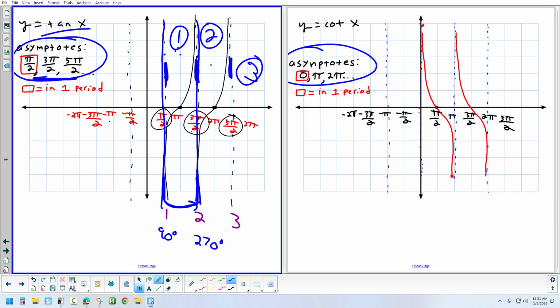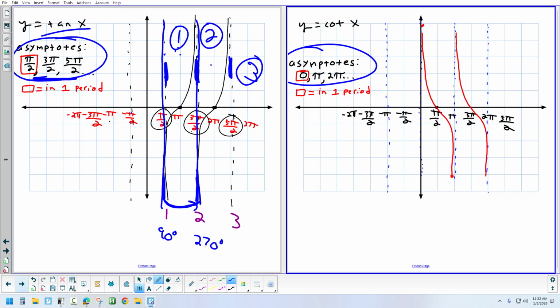So that is a difference with tangent and cotangent. To travel one full cycle, you don't have to travel 360. You only have to travel 180. Tangent and cotangent are the only two that have that. Every other function we studied, sine, cosine, secant and cosecant, you have to travel 360 to get through a full cycle.